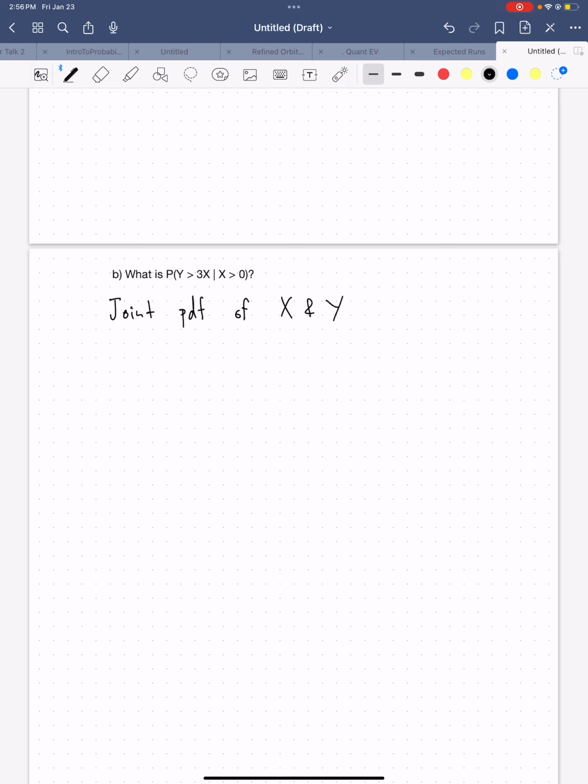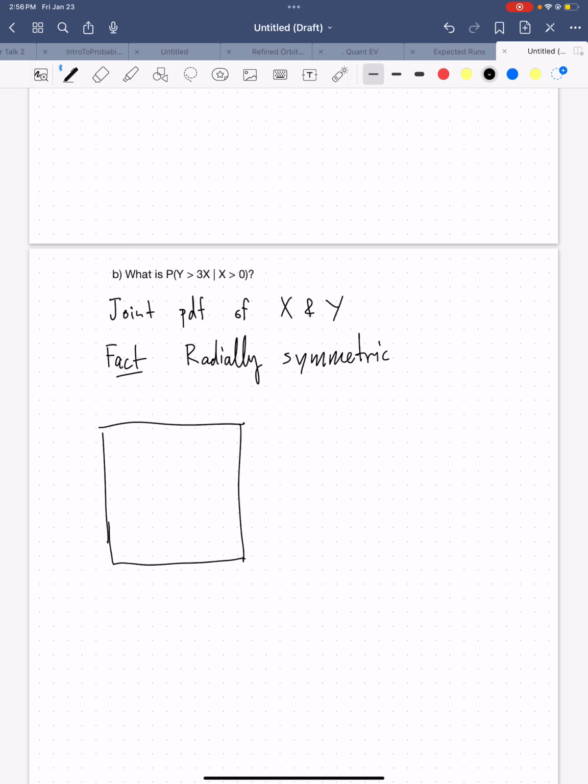An important fact is that this joint PDF is radially symmetric, meaning if you plot what it looks like, and maybe you had some level sets, you have these circles like this. So really you should think about this data as being completely circular.